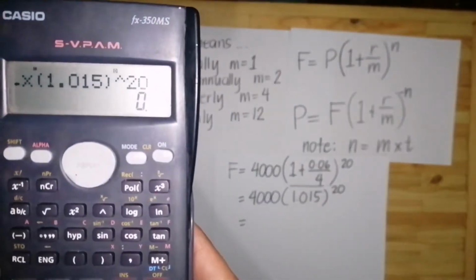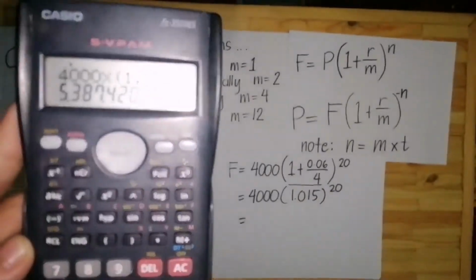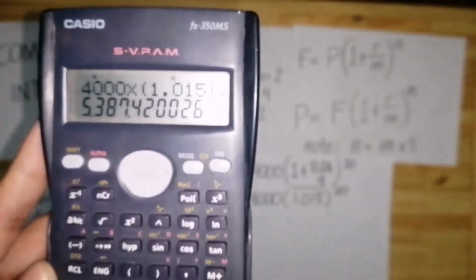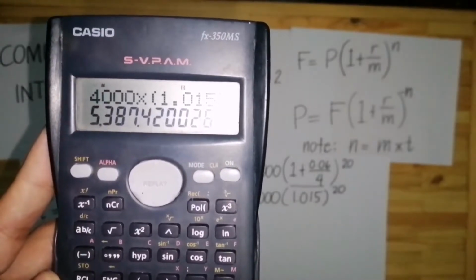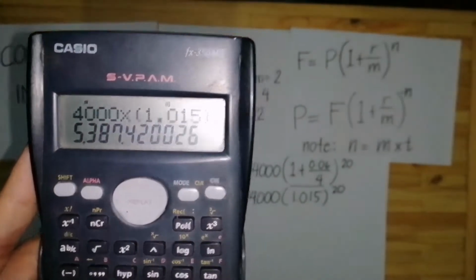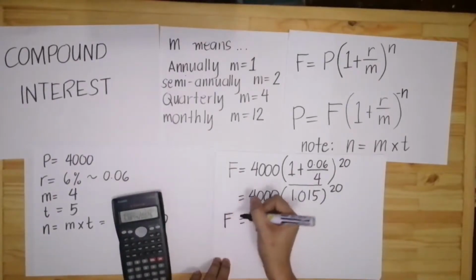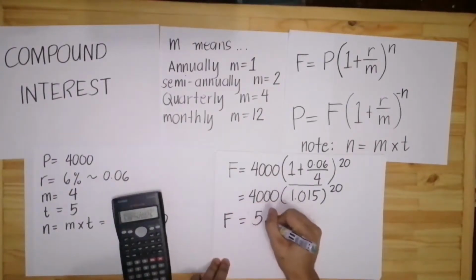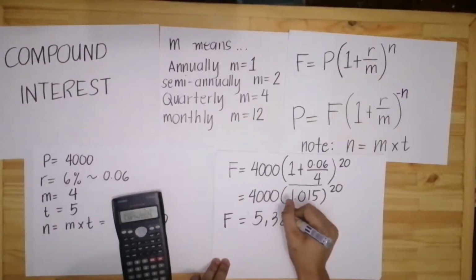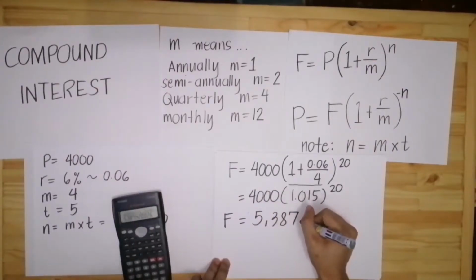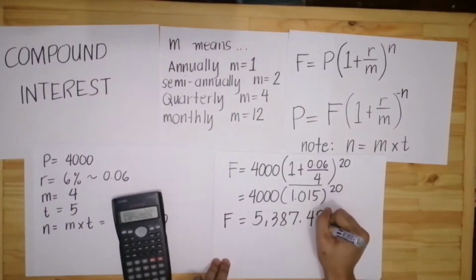Raised to 20, then equal sign. The value is 5,387.42. So lagay natin, the future value or the maturity value is 5,387.42.